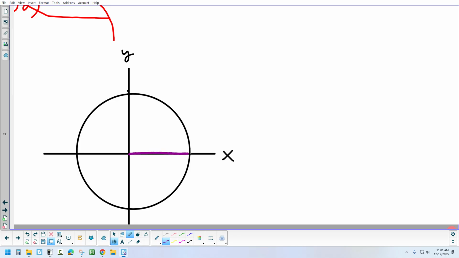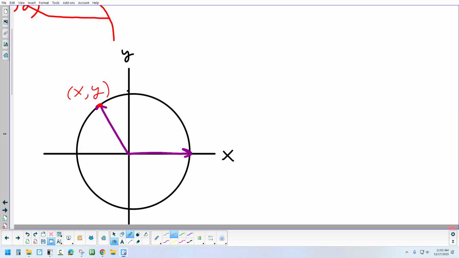So here's the initial side. Here's the terminal side. The key to unit circle trig is this point right there. The whole goal of unit circle trig is to find where the terminal side hits the edge of the circle. You're going to find the x value and the y value of that point.